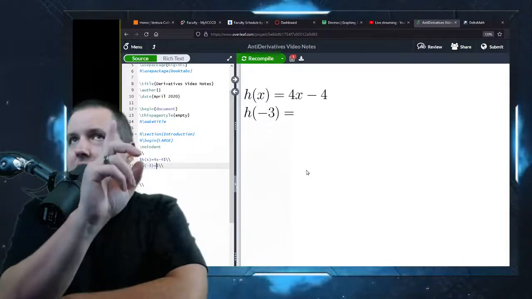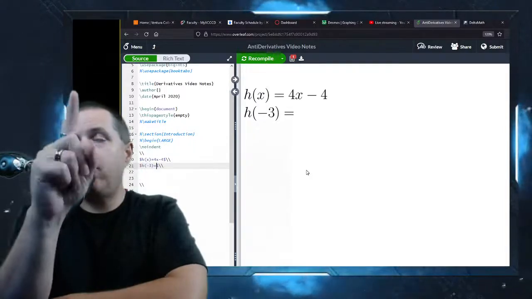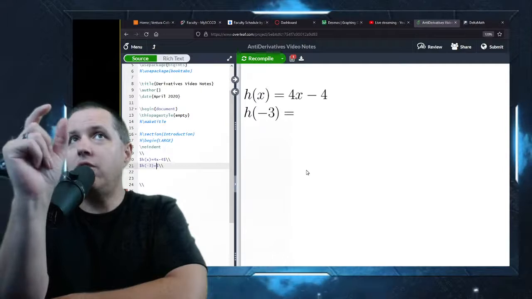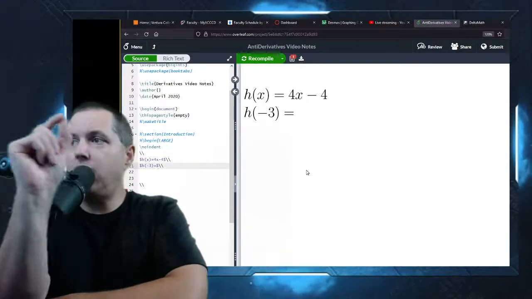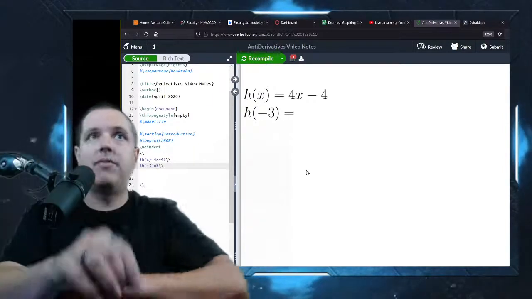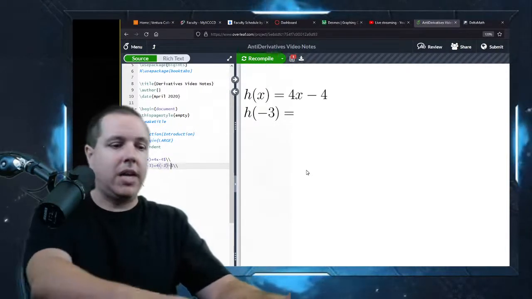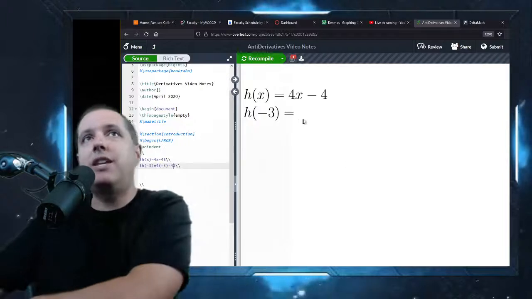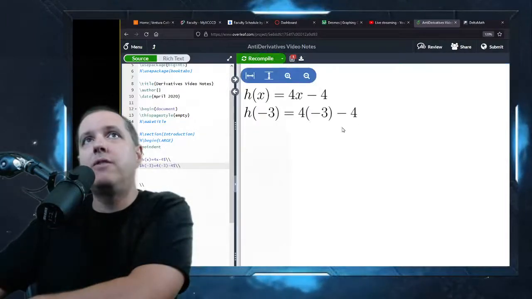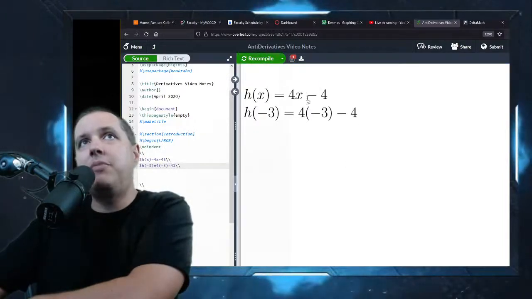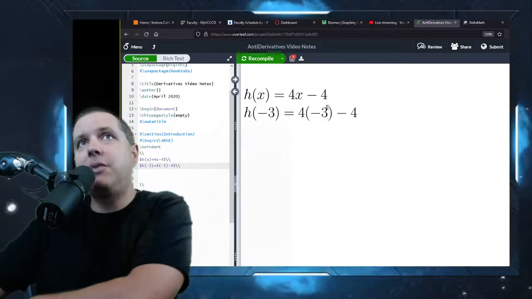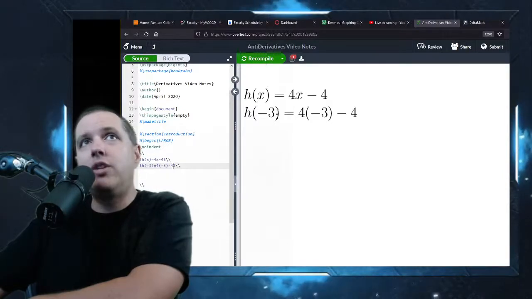Now, what they're saying here is take your expression, 4x minus 4, and everywhere there's an x, you're going to substitute in a negative 3. So this would become 4, negative 3, minus 4. See how it looks just like the line above it as soon as it compiles here? It looks just like the line above it, except the x has been changed to the negative 3, which is our x value.